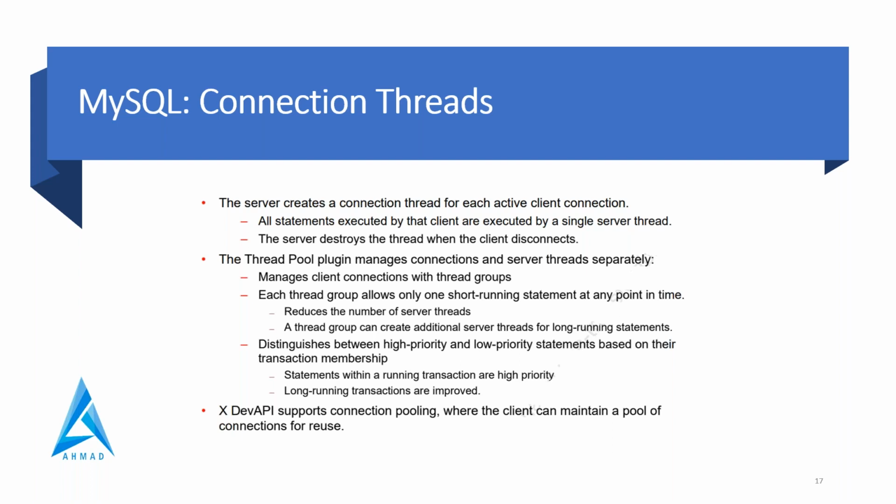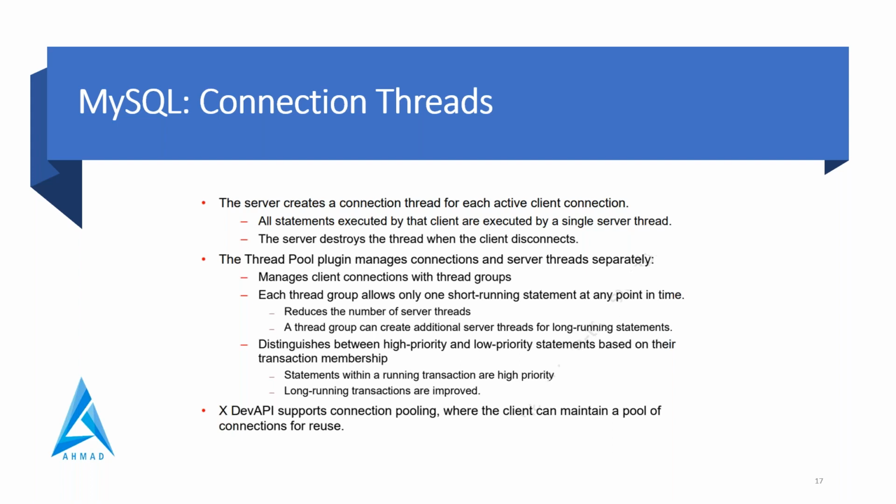So there is a performance overhead associated with this activity when clients connect and disconnect frequently. All statements executed by that client are executed by a single server thread, and the server destroys the thread when the client disconnects. And the thread pool plugin manages connections and server threads separately.